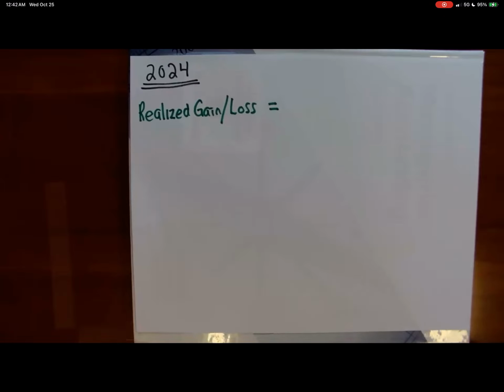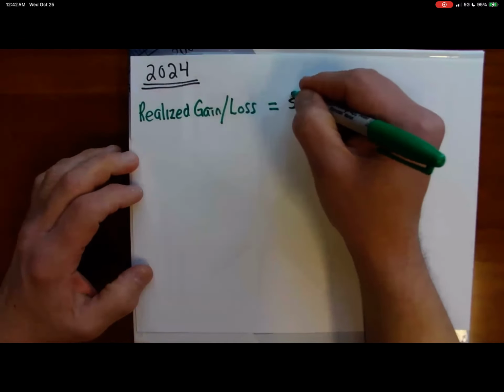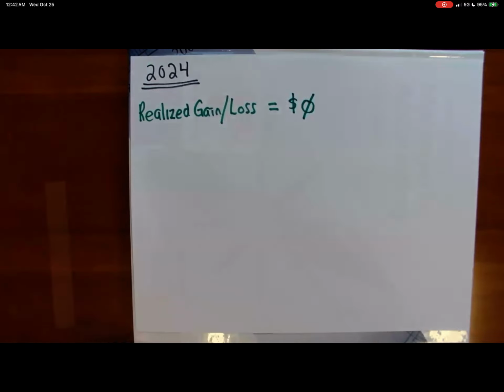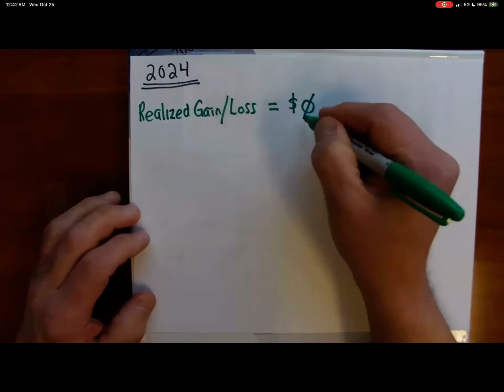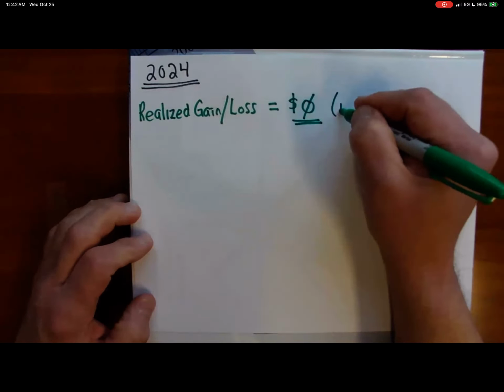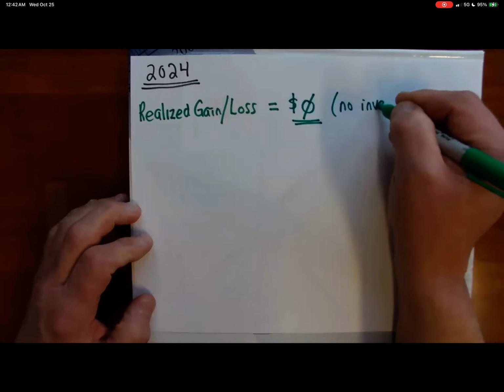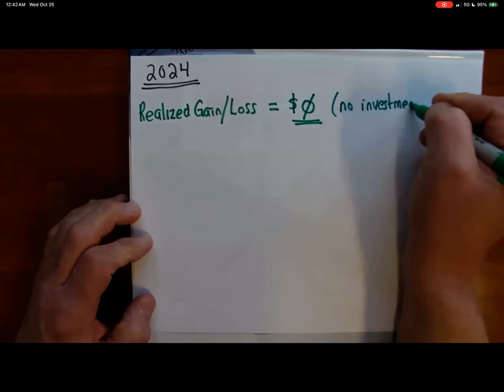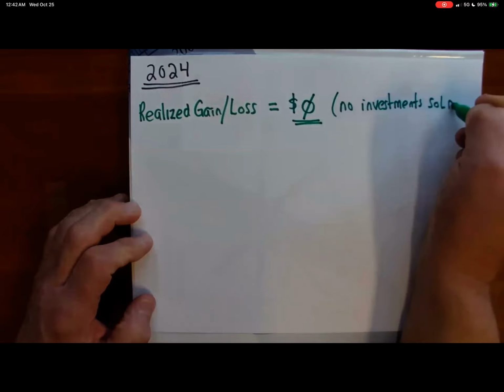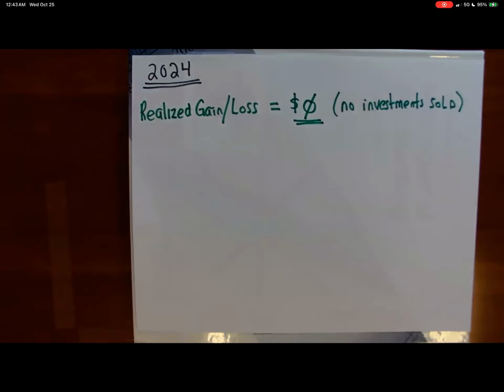Since we had no sales of investments, there would be no realized gain or loss. Maybe we can put here in parentheses, no investments sold. And say, okay, that one wasn't so bad. Even I could do that one.